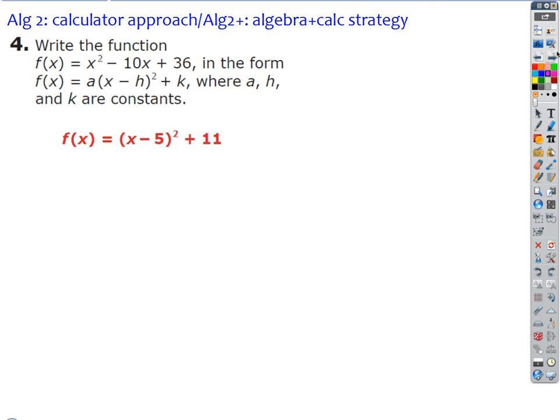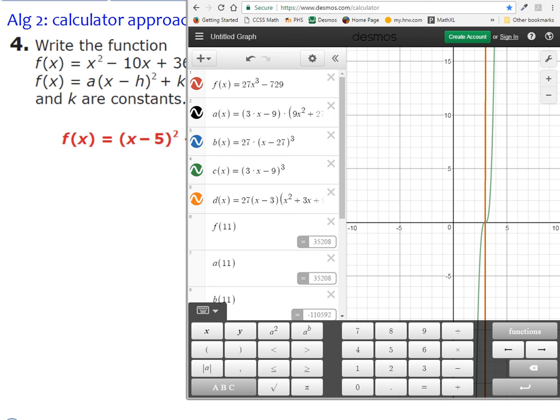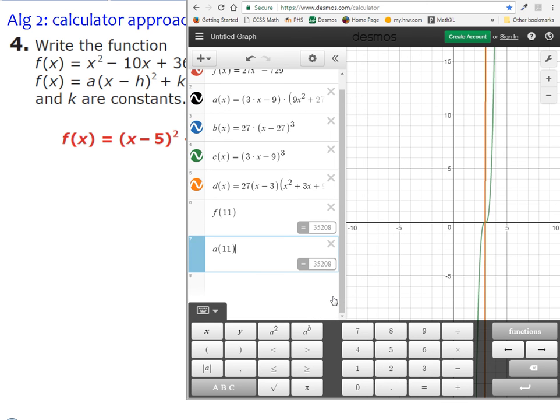Okay, this one, I'm just going to remind you about. We did some stuff like this, but let's just look at a calculator approach to this. What if we were to pull up our Desmos calculator, and let's get rid of all these.